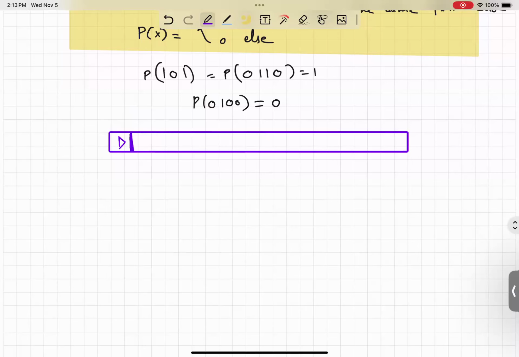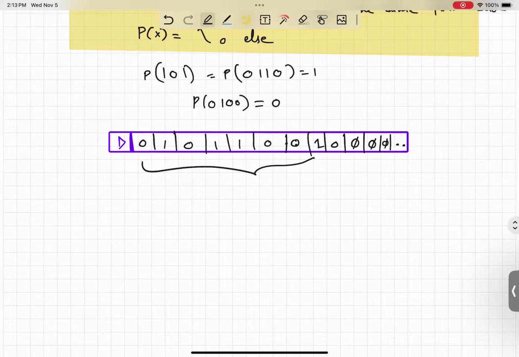For any Turing machine, you are going to assume that the input is loaded onto the tape. So you have, let's say, 0, 1, 0, 1, 1, something like this. This is my input maybe, and then you have a bunch of empty cells. So your tape comes loaded with the input x, and we're trying to check if x is a palindrome or not.